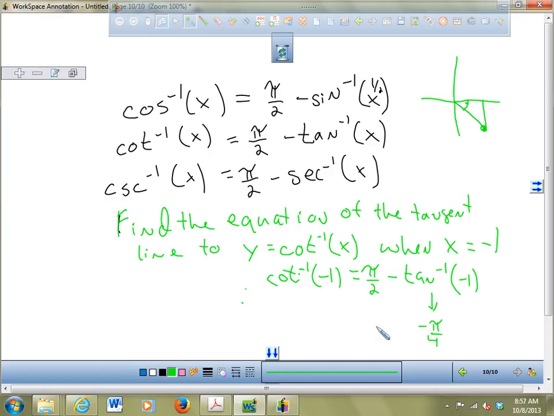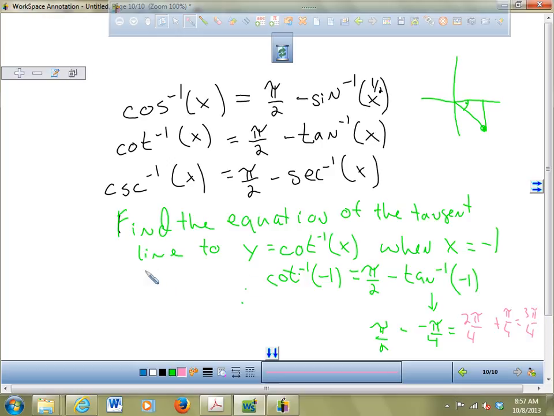So you have pi over 2 minus negative pi over 4, which is 2 pi over 4 plus 1 pi over 4, which is 3 pi over 4.